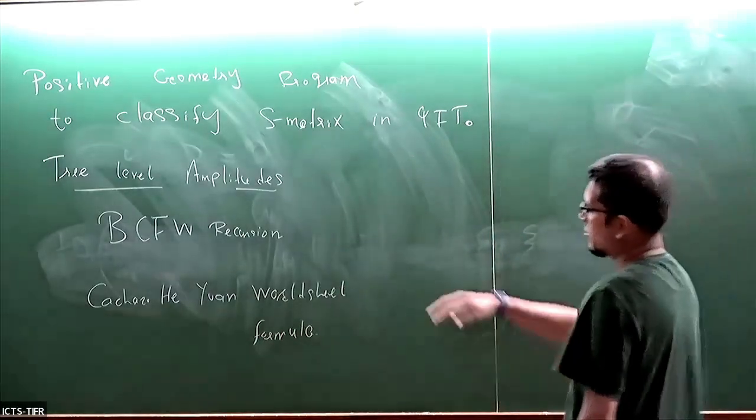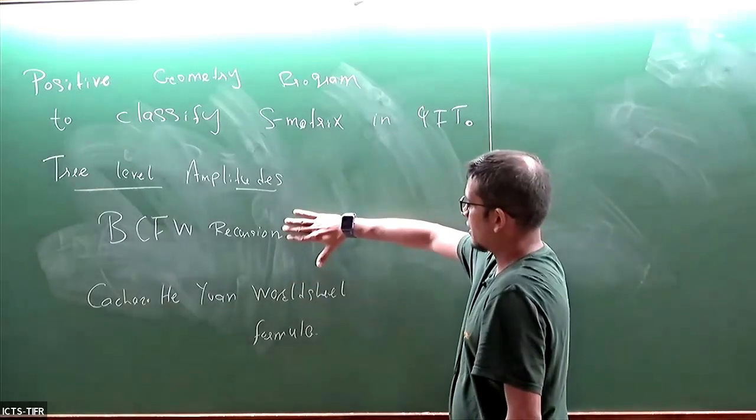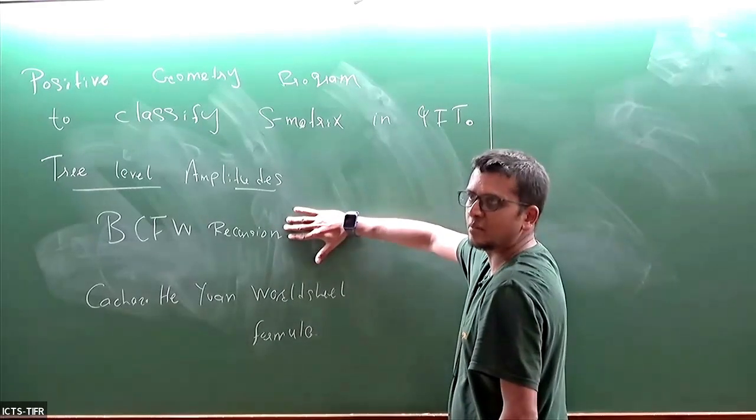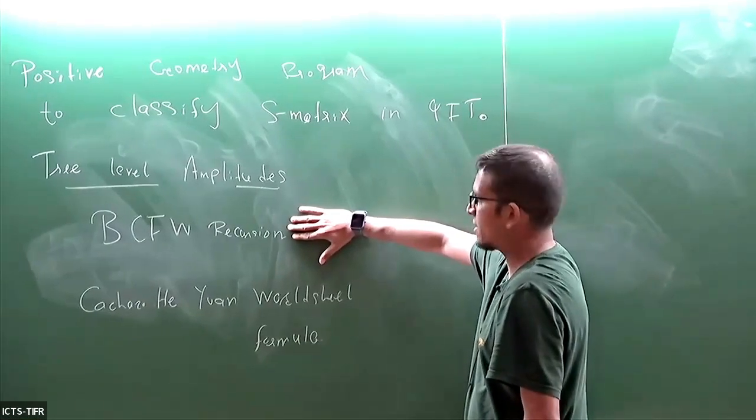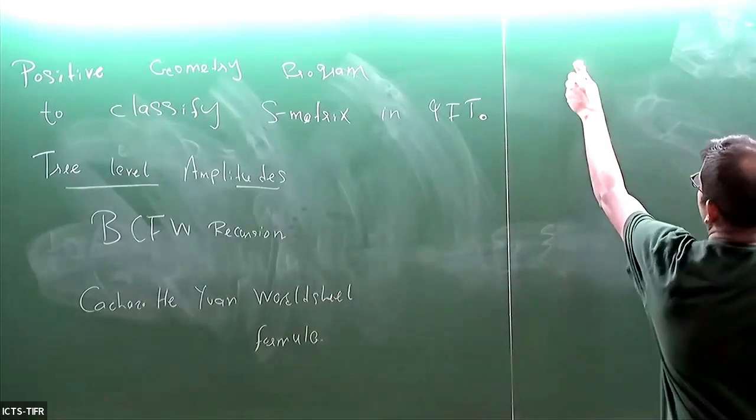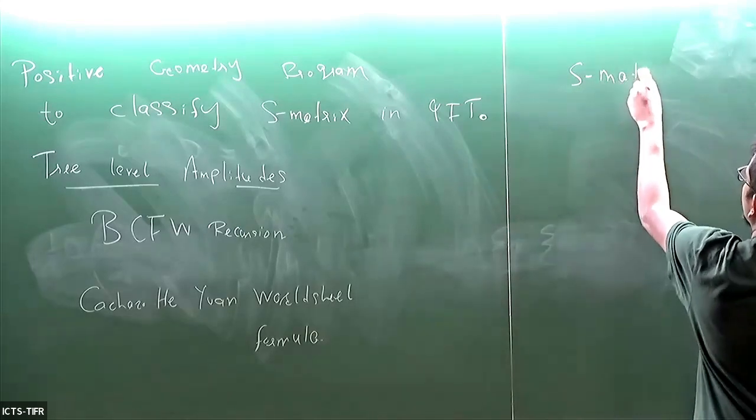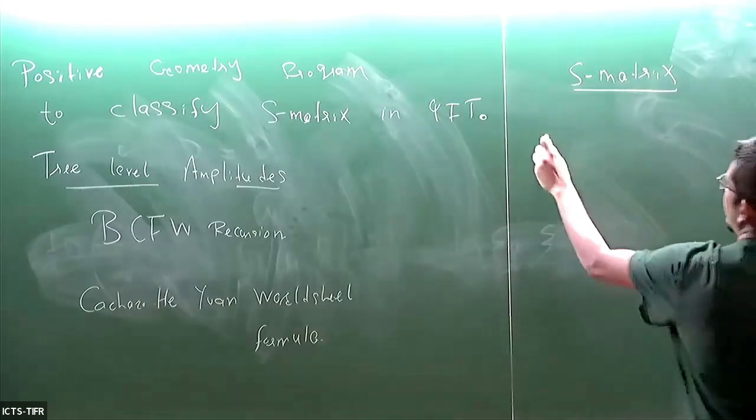And what is remarkable about these formulas is that they sacrifice some of the basic postulates of quantum field theory that we take for granted. In our usual S matrix program, some postulates are considered fundamental.